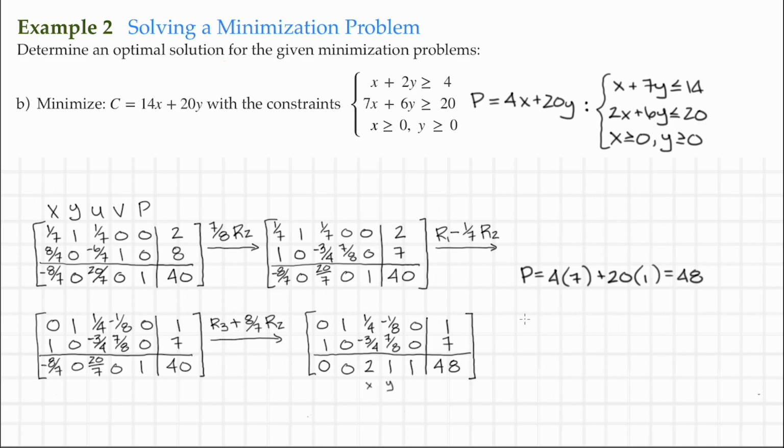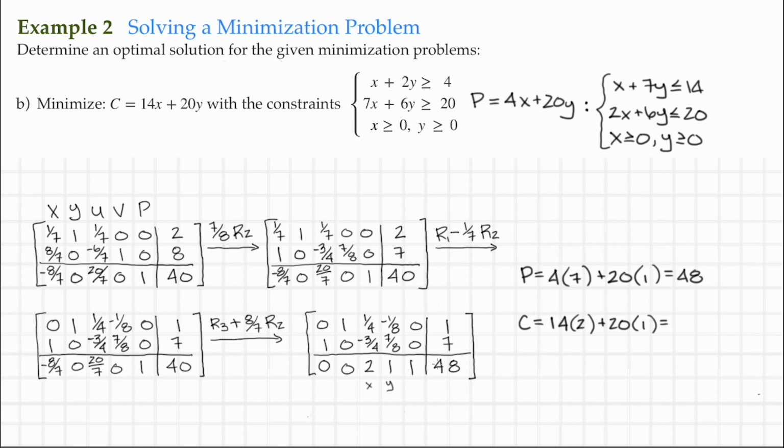So then if we have c up here, that's equal to 14x, but x is recognized as 2 right here, plus 20y right here, and we recognize this as y, so that'll be 1.